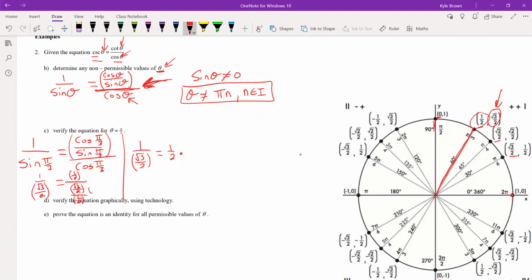So 1/2 multiplied by, and this will be my bottom, so 1/2 times 1/2 over root 3 over 2.